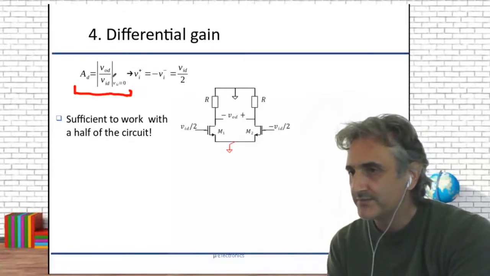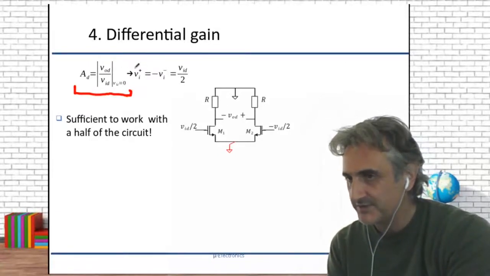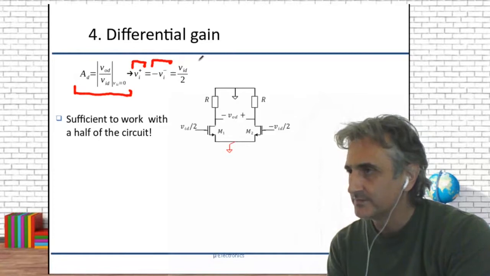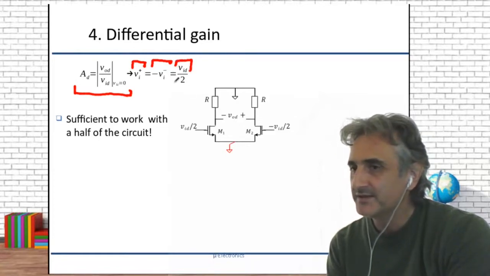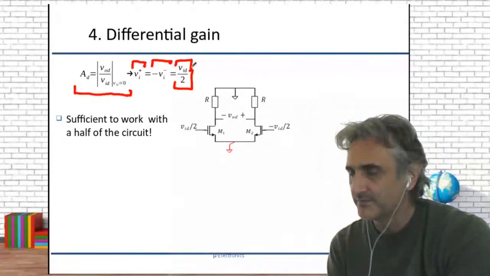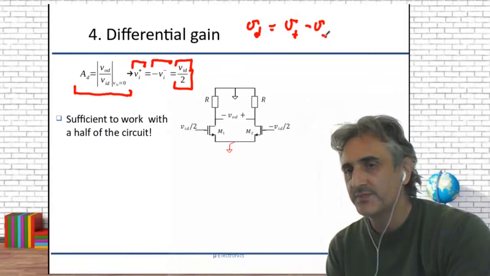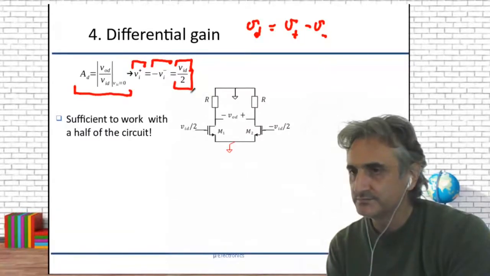So in this case, when the common mode is 0, V plus is minus V minus. There is no common mode, so they are equal to 1/2 of the differential input. Remember that the differential input is V plus minus V minus.